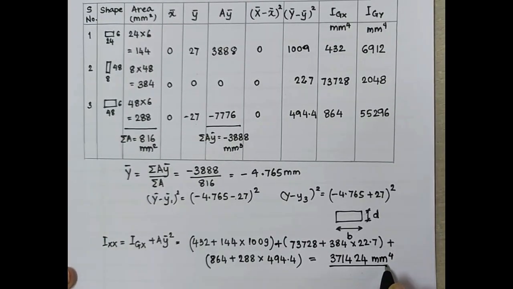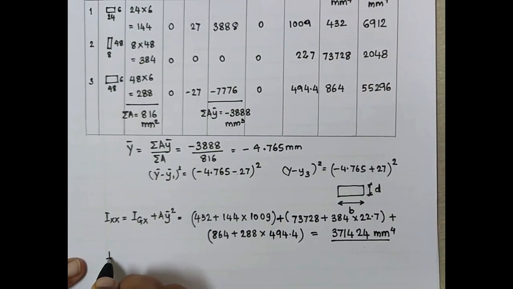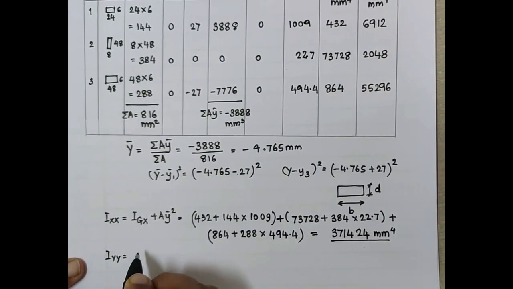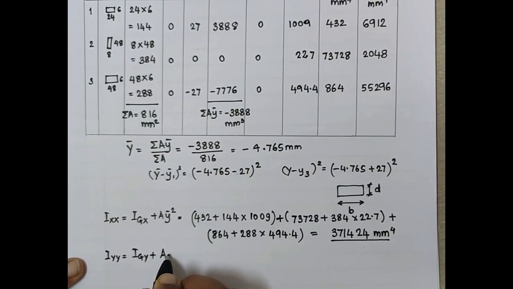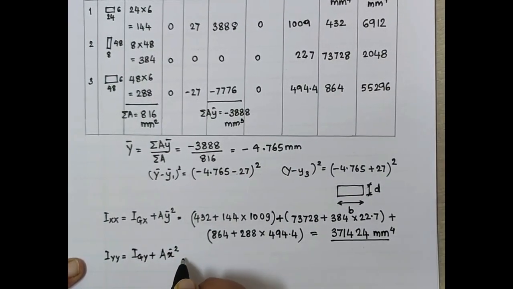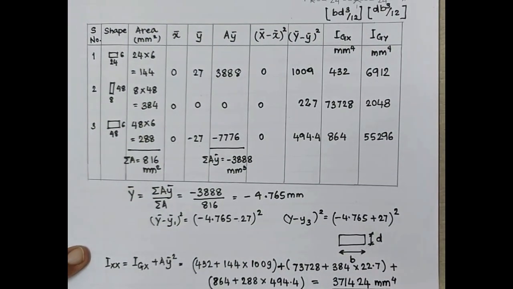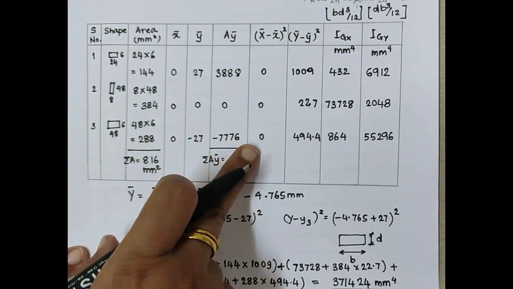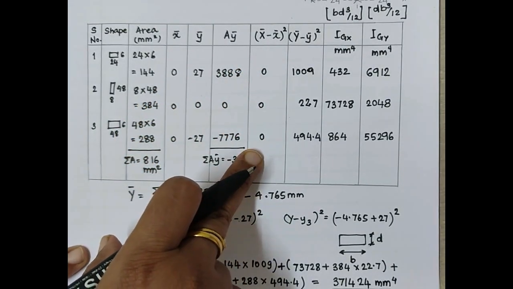This is the value of our Ixx. Similarly, let's calculate the value of Iyy, which is equal to Igy plus area into x square. Again, let's note that this x is already calculated over here, which shows us that all the terms are 0.